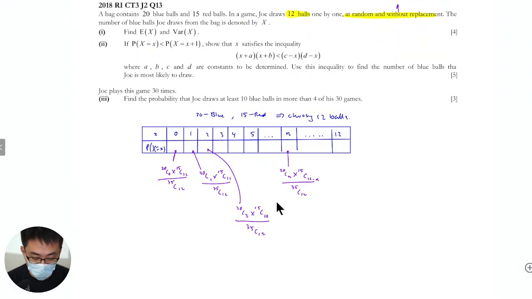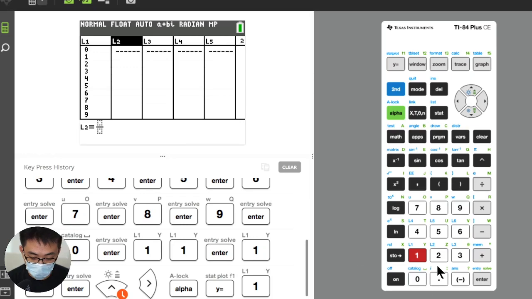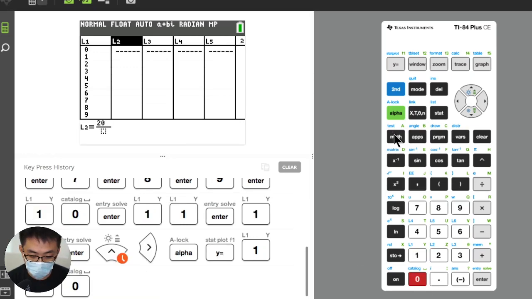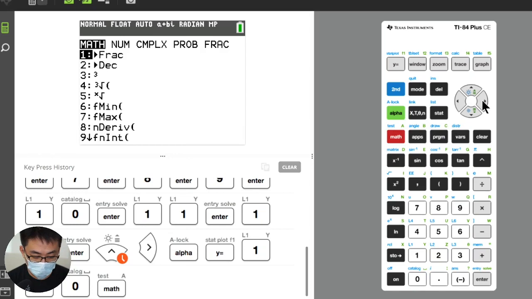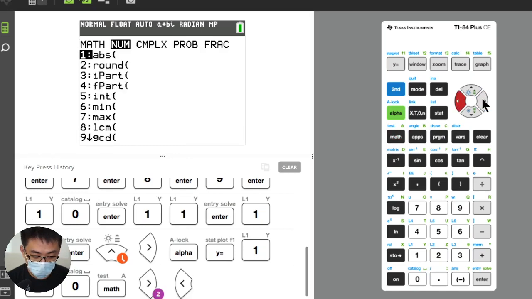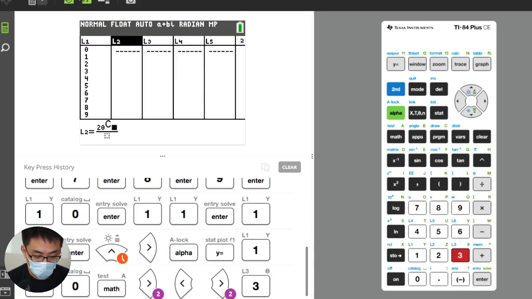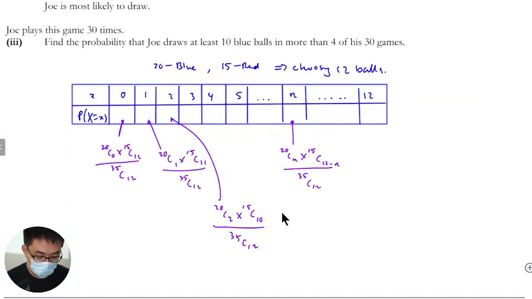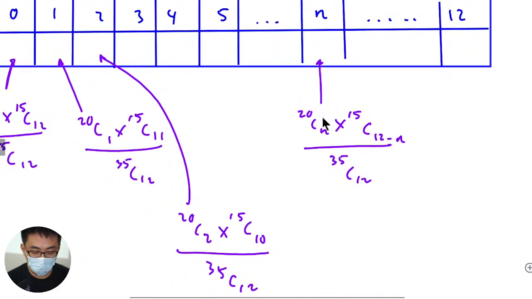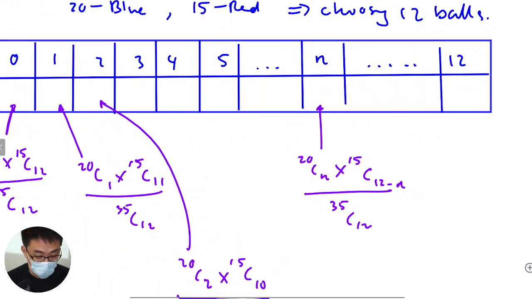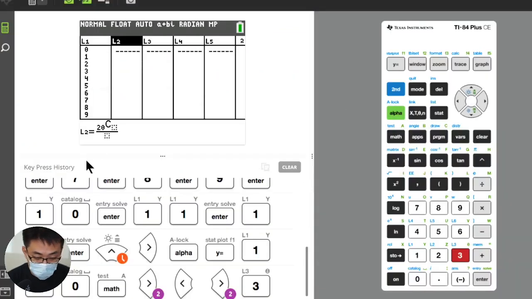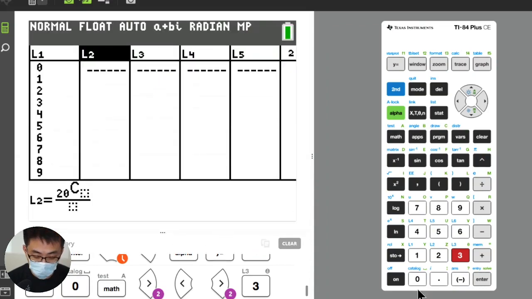This is 20 choose n, so go to math, pay attention here, and choose nCr. Since n is L1, it is 20 choose L1. L1 is here, guys.